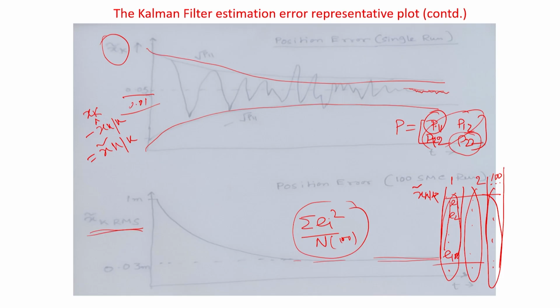Will it converge to 0? No, it won't converge to 0. It will never converge to 0. There will be some very minimum error sitting there. For a nonlinear Kalman filter this is a must to do, because there are examples. We can show one example also in some part of a tracking lecture series. In one case your nonlinear filter may backfire, especially if you are using a first order extended Kalman filter, with all this kind of approximation.